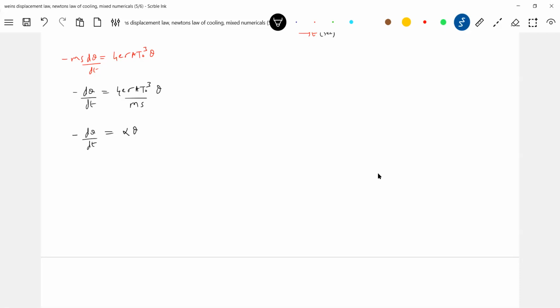What is theta? The temperature difference. We used to write theta as T minus T naught, the average temperature difference. So this will be alpha times (T minus T naught).